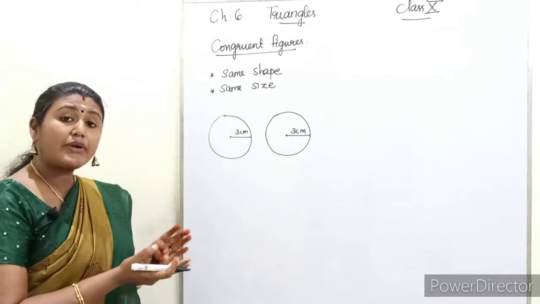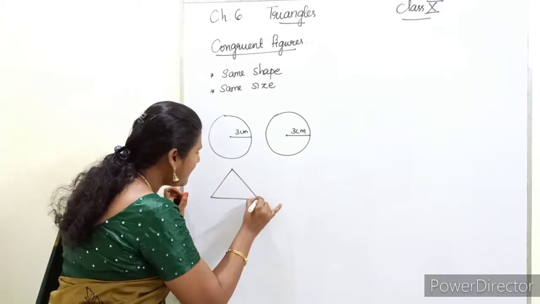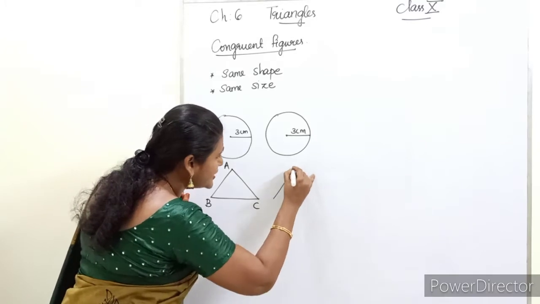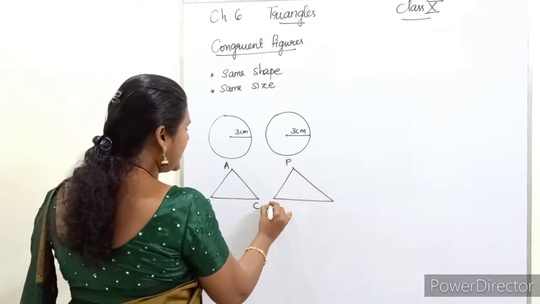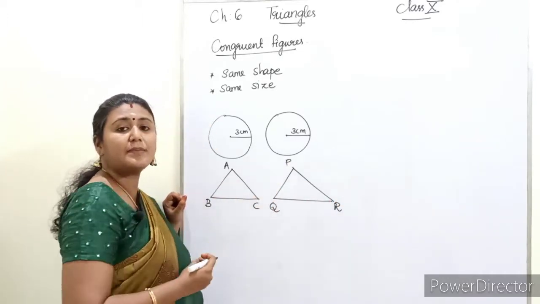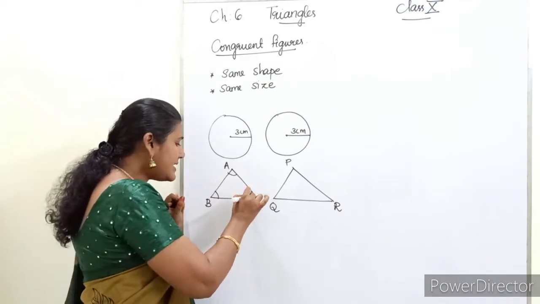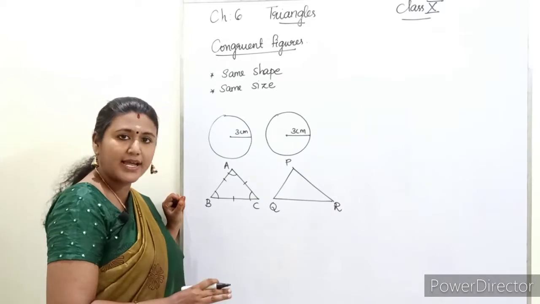Similarly for congruent triangles, we can say two triangles are congruent if they are of same size and same shape. So if you have two triangles ABC and PQR, if they have the same measurements, what are the measurements of a triangle? The three angles and the three sides. These are the 6 measurements of a triangle.